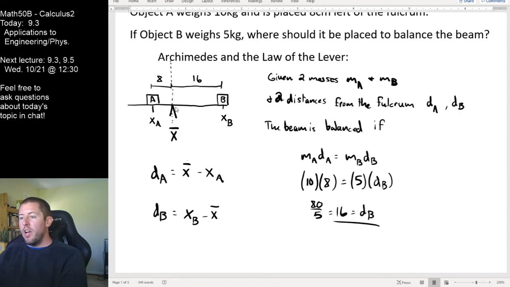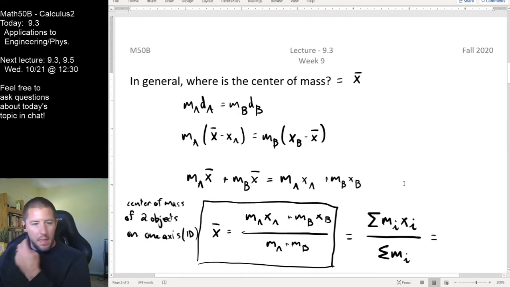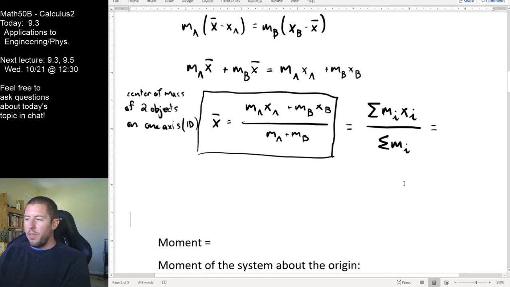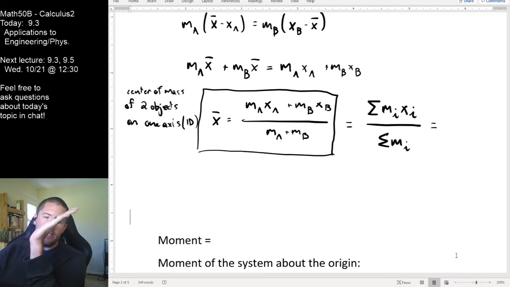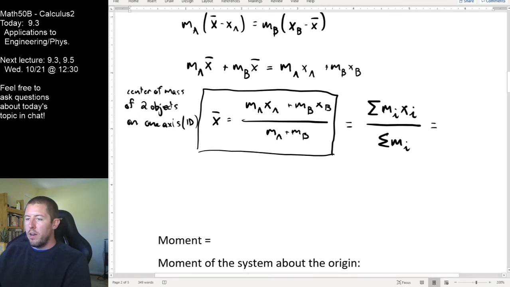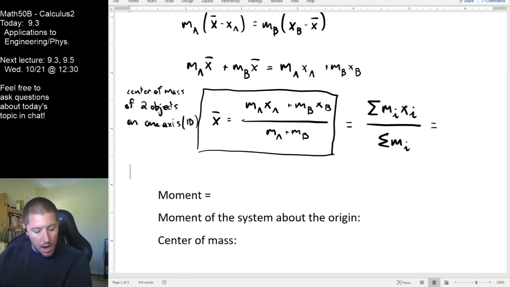And so in general, we would refer to this as the moment about the origin. But we're going to see in a bit that in a two-dimensional setting, we would think about that as the moment about the y-axis that we've just computed, because those distances were distances from the y-axis. They indicate our rotation about an axis sitting on the y-axis. And so in general, we want to define some of these words with some physics words.